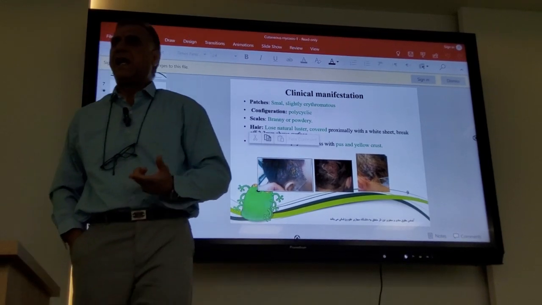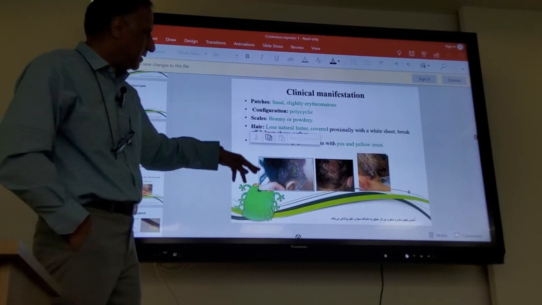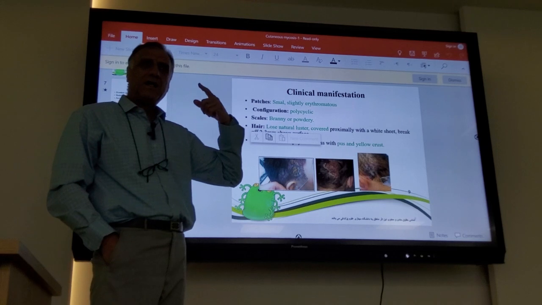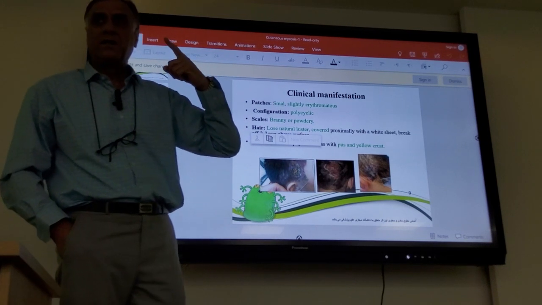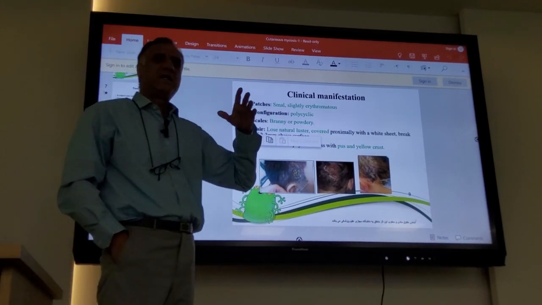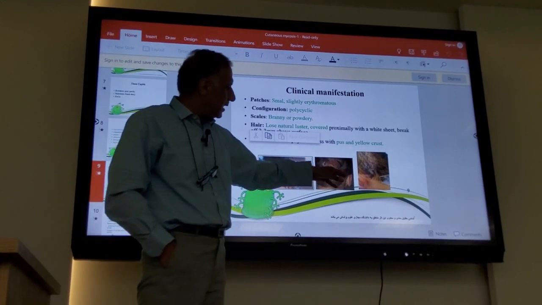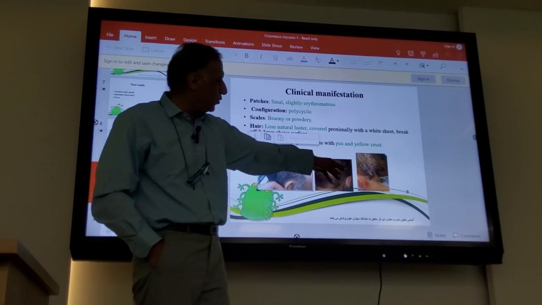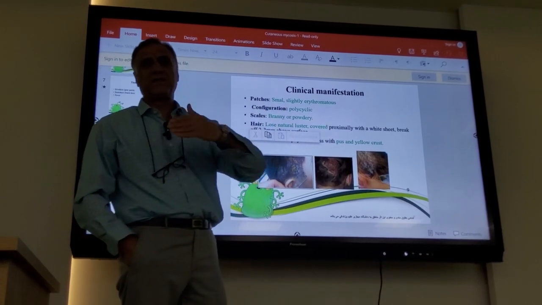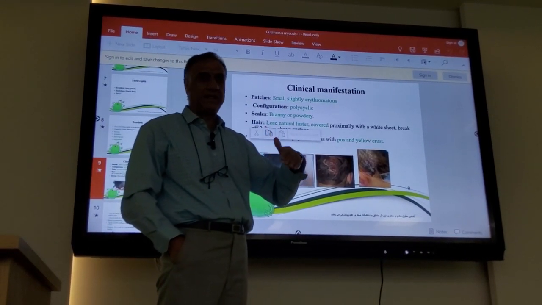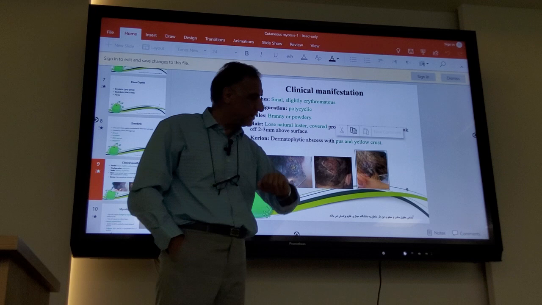When an expert physician or mycologist sees this patient, they suspect an animal source, a zoophilic source. In this patient, you find scale, meaning layers of skin cells, missing hair, and some erythema.